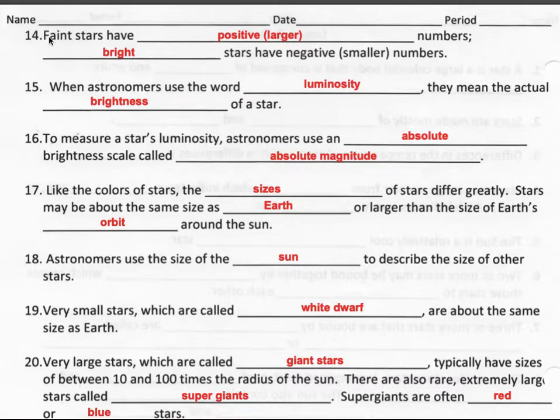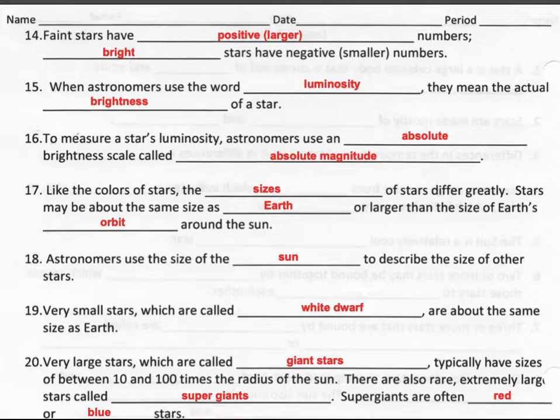So let's go down to number 14. Faint stars have a positive or larger number. Bright stars have a negative or smaller number. Number 15.